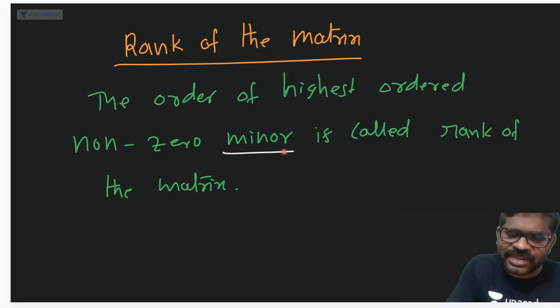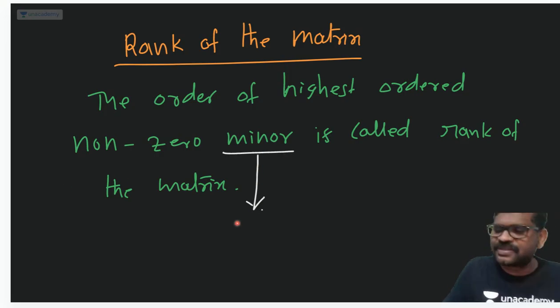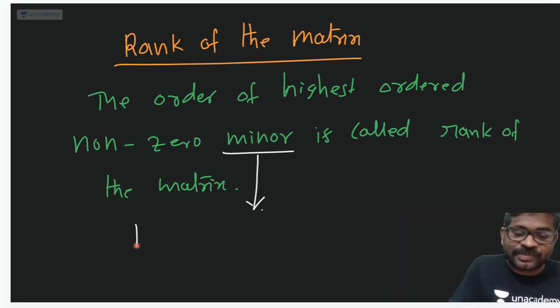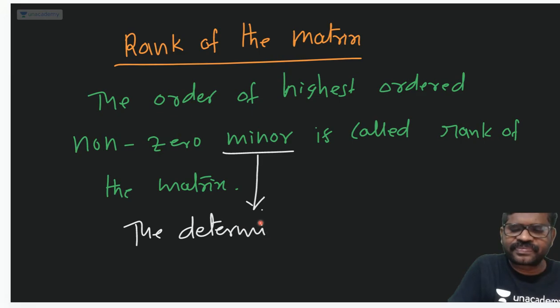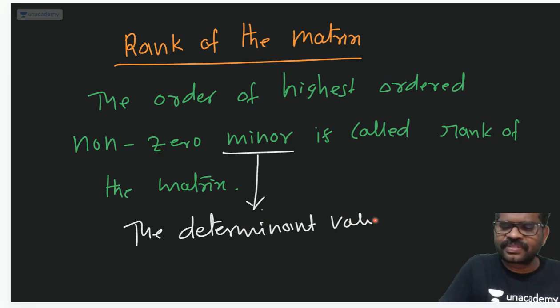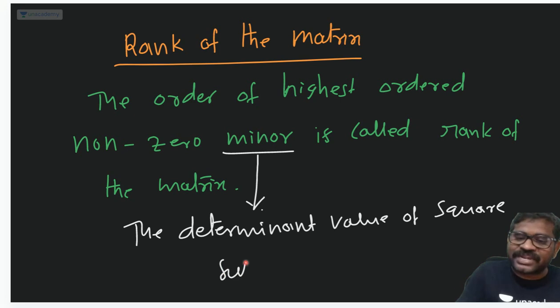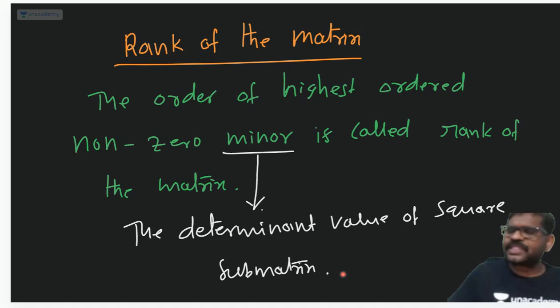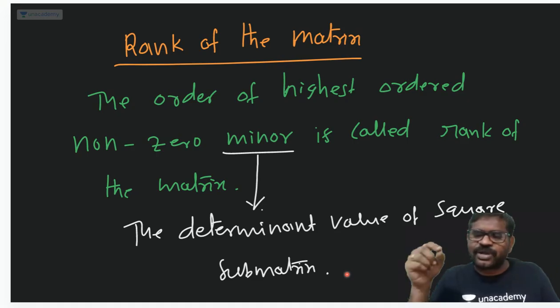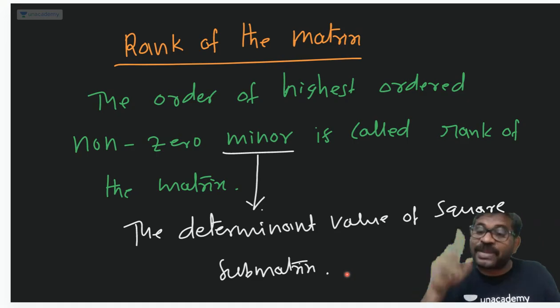What is the meaning of this minor? What is minor? The determinant value of a square submatrix is called minor.